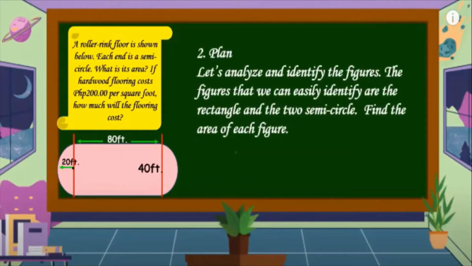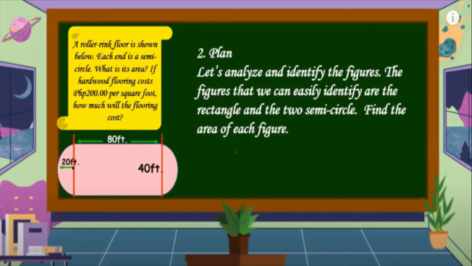So let us plan. Let us analyze and identify the figures. The figures that we can easily identify are the rectangle and the two semicircles. But if we combine these two semicircles, we can create one full circle.